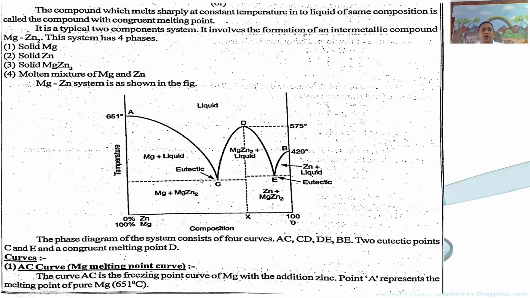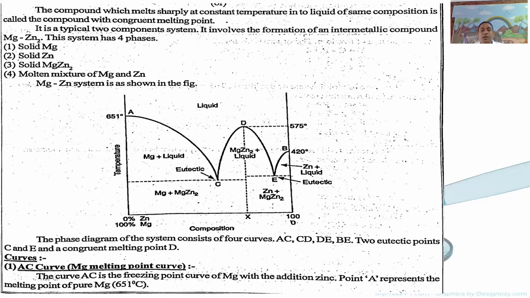The phase diagram of the magnesium zinc system consists of four curves: the AC curve, CD curve, DE curve and EB curve, with two eutectic points C and E, and a congruent melting point D. The AC curve is the melting point curve of magnesium, the freezing point curve of magnesium with the addition of zinc.